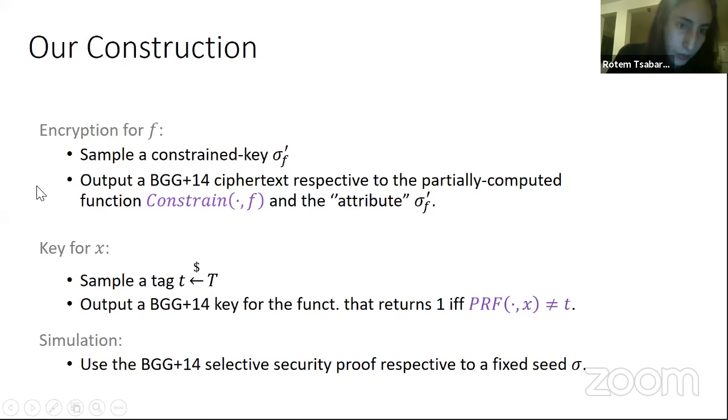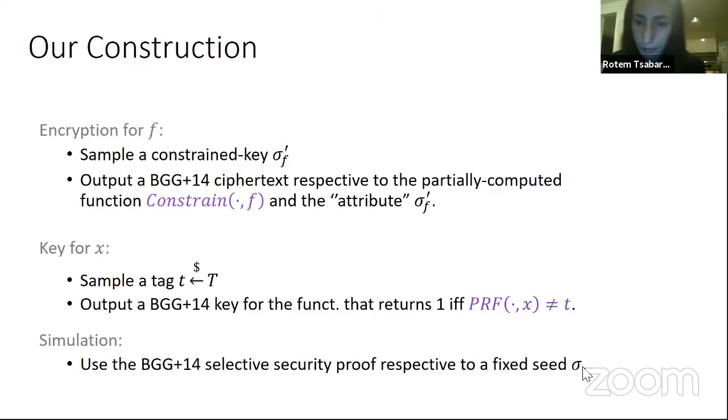Okay, so now when we want to prove security, we use the selective security proof technique of BGG+14, but instead of announcing the attribute, we only need to announce this single fixed seed that we choose, which corresponds to all of the punctured tags.